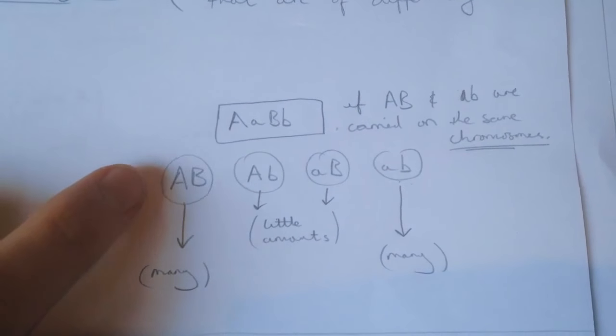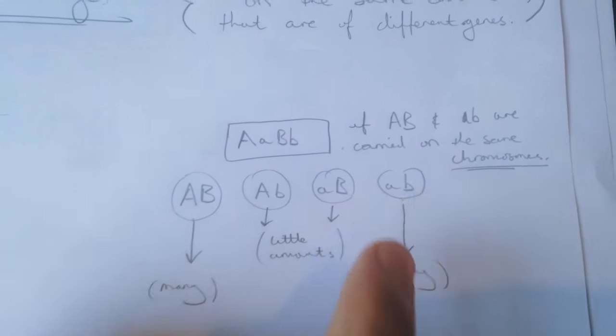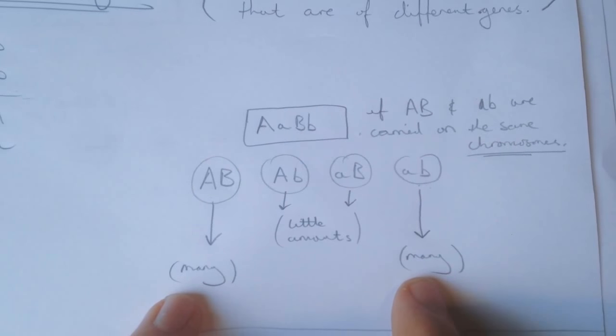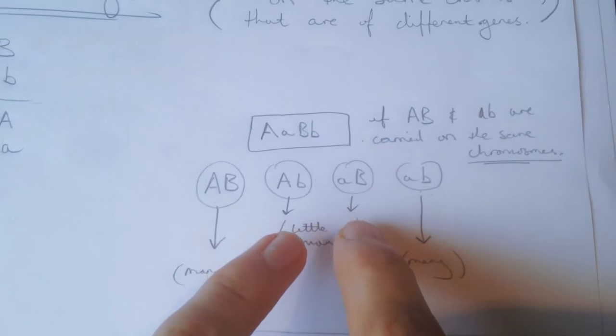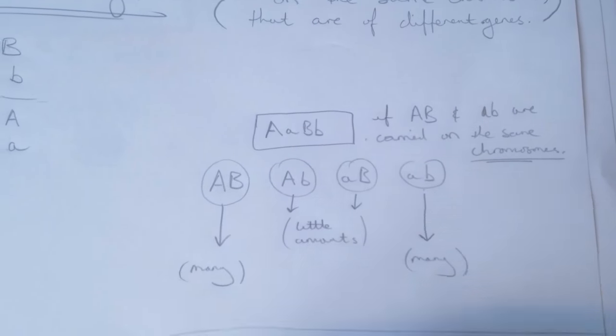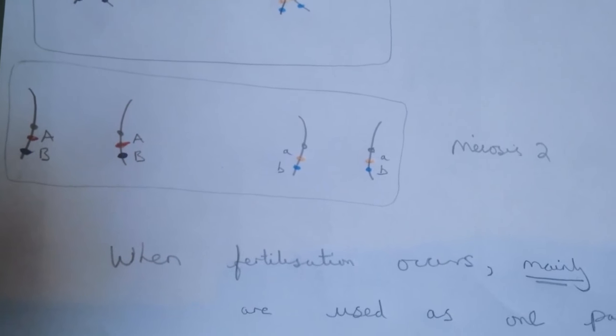As we can see, if this A and B, and this A and B are linked, we get lots of those in the genotype of the gamete, whereas we only get small amounts of the other variations. And you're probably thinking, why do we actually still get that small amount when all that is produced here is big A, big B, little a, little b?